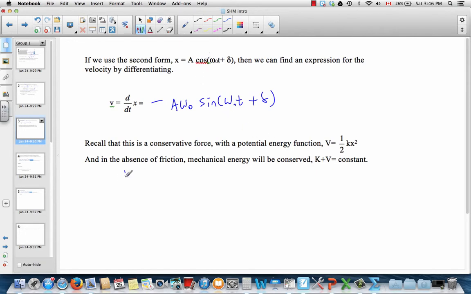So we're going to do 1/2 mv squared plus 1/2 kx squared. This is the velocity function right here, minus A omega naught sine of this argument, and then x is A cosine of that same argument. Now you have to include your definition of omega naught, but then you can show that total mechanical energy is indeed conserved for this motion. Your assignment problem is just to do that.